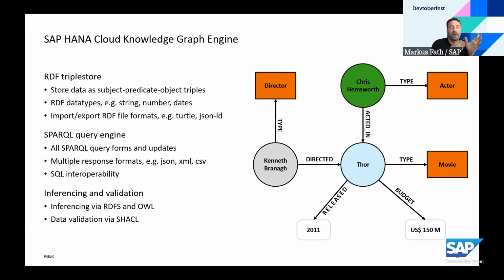So A is the father of B and B is the father of C. A simple example for inferencing would be deriving from the double fatherhood relationship that A is the grandfather of C. So this is a simple example of what you can do with knowledge graph databases in order to infer new relationships, new data.